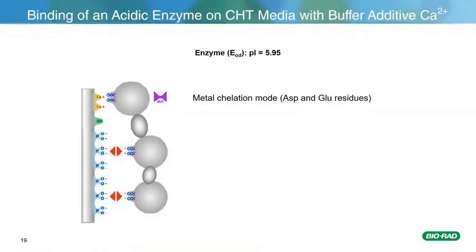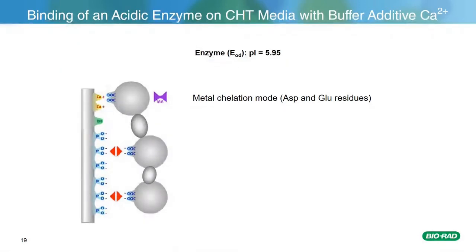The pI of the target enzyme is around 6. Some of its acidic residues might be available for chelation at the C sites. DOE results showed that the addition of calcium ion in binding buffer improved the binding capacity for target enzyme.